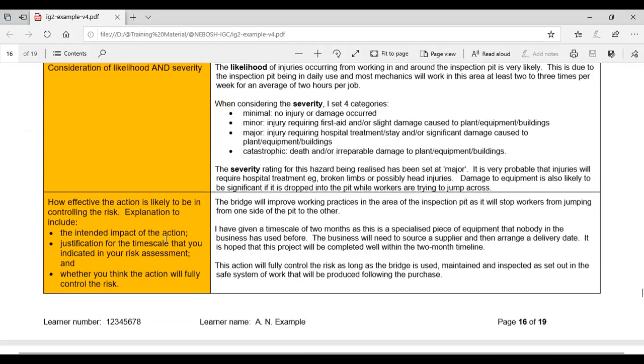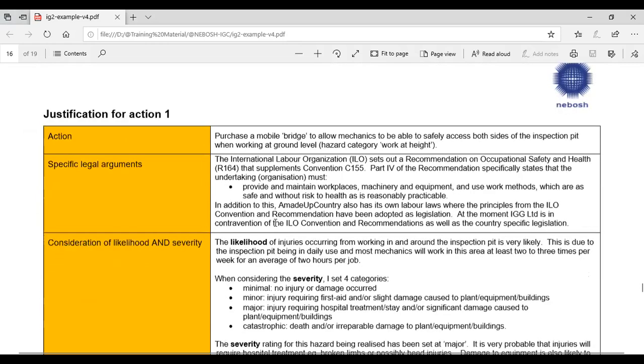The explanation should include the intended impact of the action, justification for the time scale that you indicated in the risk assessment, and where you think the action will fully control the risk. So again, explanation of your action: the action is to purchase a mobile bridge to allow mechanics to safely access both sides of the inspection pit when working at ground level, hazard category working at height.